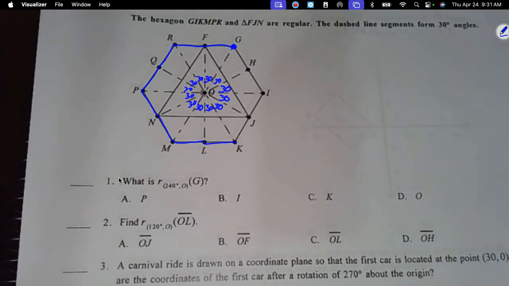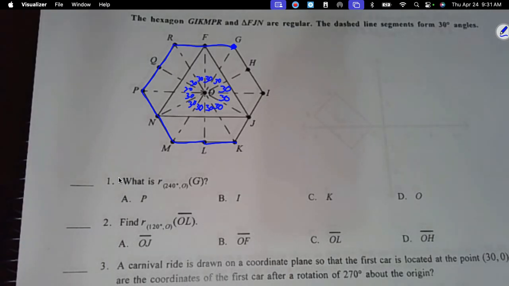Oh gosh, it already told me that they were 30-degree angles. I'm sorry, that's why it's important to read, okay? It already told you they were 30. So if I start at G and I rotate 240 degrees, where am I at? There you go.